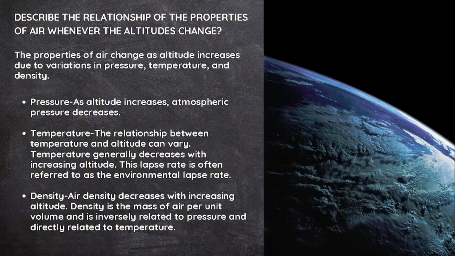In temperature, the relationship between temperature and altitude can vary. Temperature generally decreases with increasing altitude. This lapse rate is often referred to as the environmental lapse rate. Density: air density decreases with increasing altitude. Density is the mass of air per unit volume and is inversely related to the pressure and directly related to temperature.